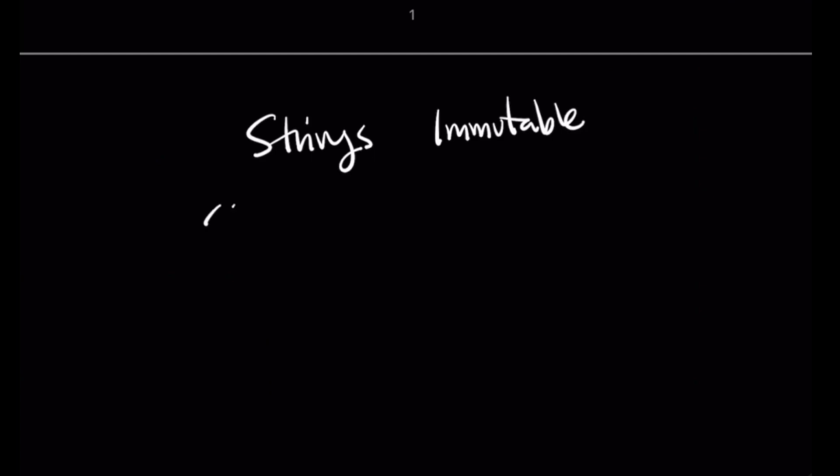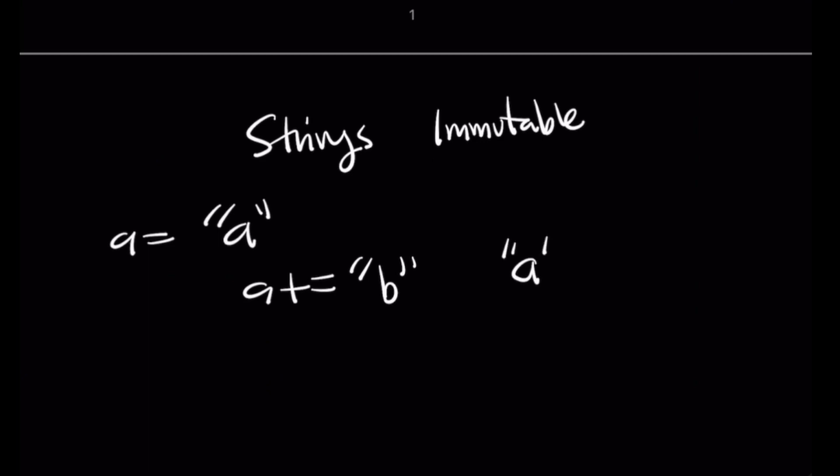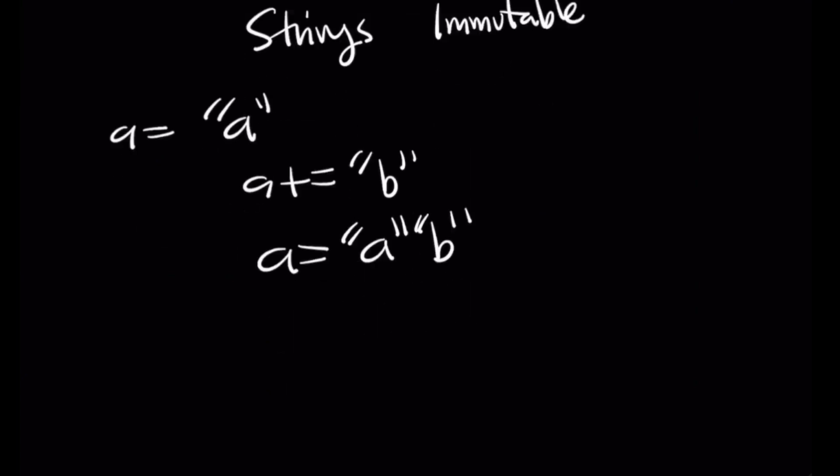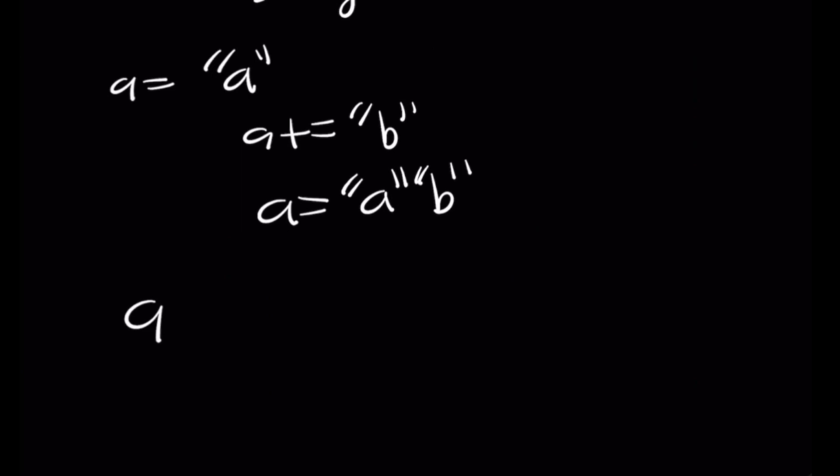Let's say we have a string variable a. When we add b to it, instead of adding b to the existing variable, we make a completely new variable, saving it in a separate space.